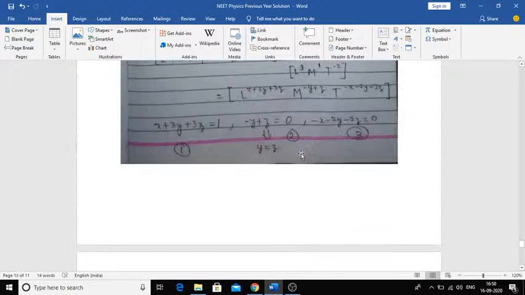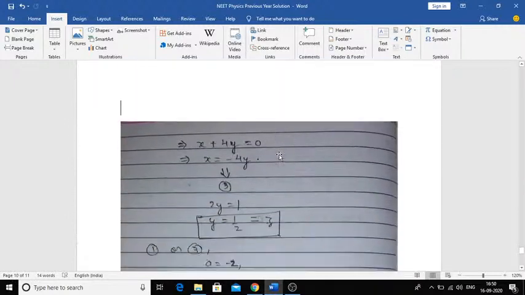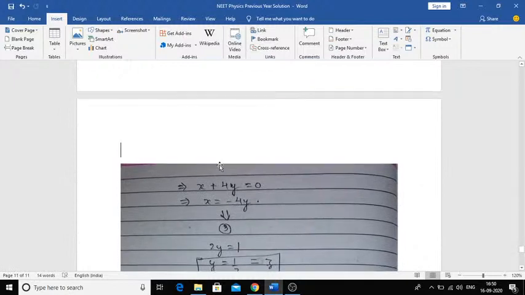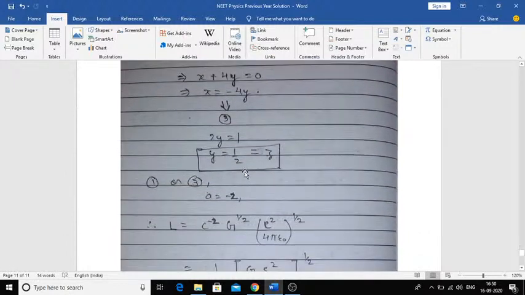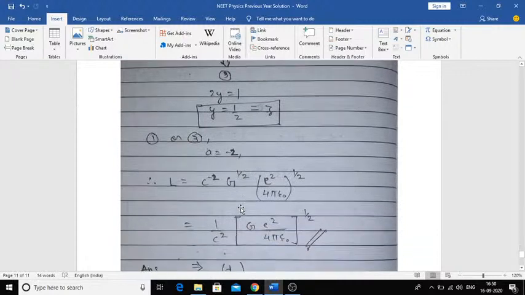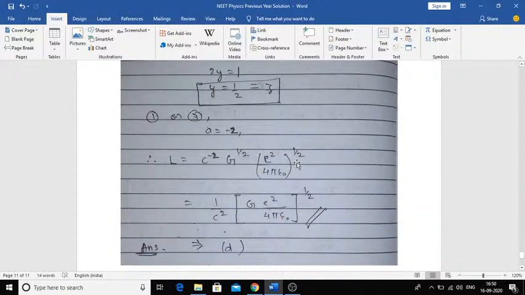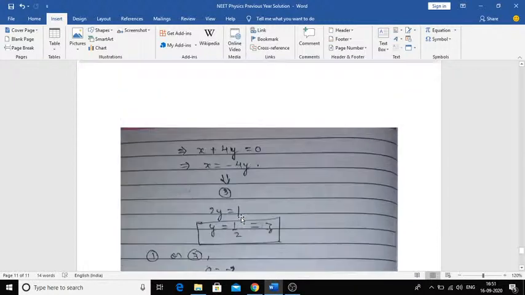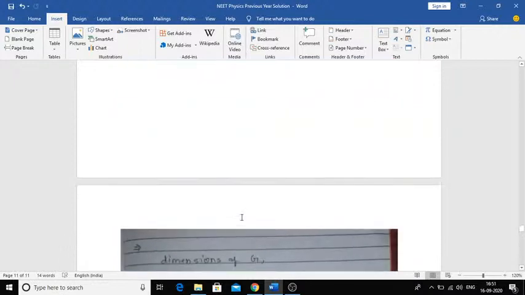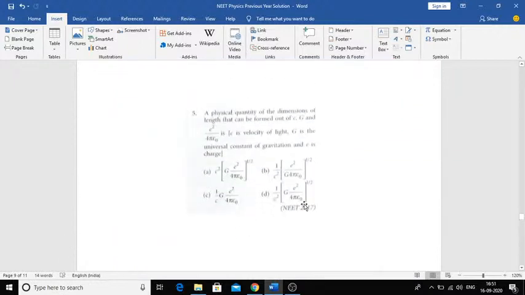And now substituting the values of y and z as given here in equation number 1 or 3, you will get your value of x as minus 2, and then substituting them you will get c raised to minus 2, G raised to half, e square upon 4 pi epsilon raised to half. So this will all come under one bracket having power as half, and this minus 2 will become plus 2 by going into the denominator. So your option D will be the right option. So here the right option is option number D.